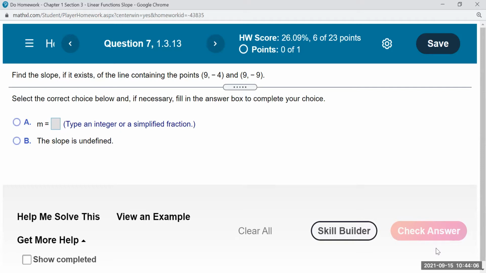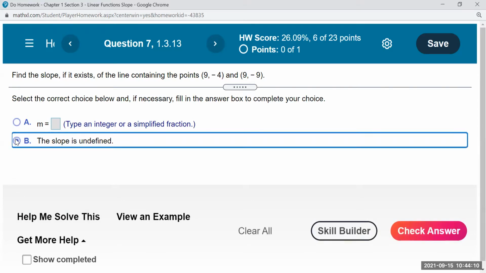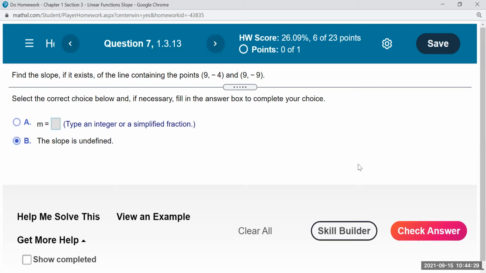If it's over 0, it is undefined. In other words, if your x values are the same, you're done. It's undefined. If your y values are the same, then you have 0. So if x's are the same, undefined. If y's are the same, it's 0.